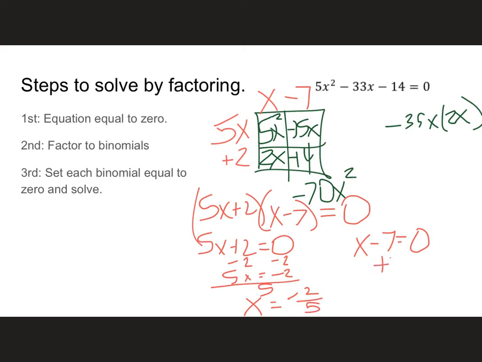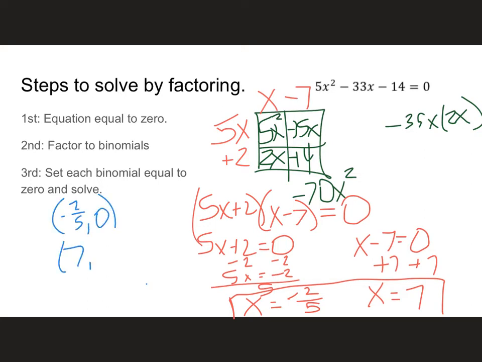On the second binomial, if we add 7, that one would be at 7. So we could say the two zeros are x equals negative 2 fifths or x equals 7. Sometimes they'll write these as actual zeros or as ordered pairs, and so you may see it as negative 2 fifths, 0, and 7, 0. That's also an acceptable answer.